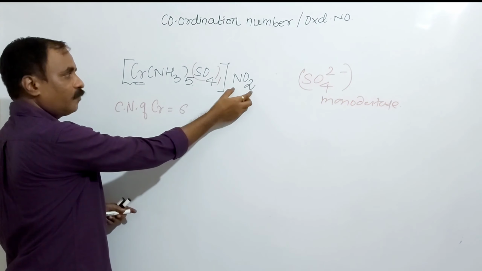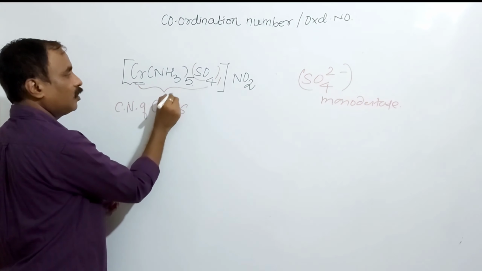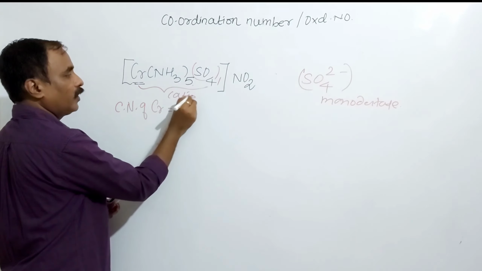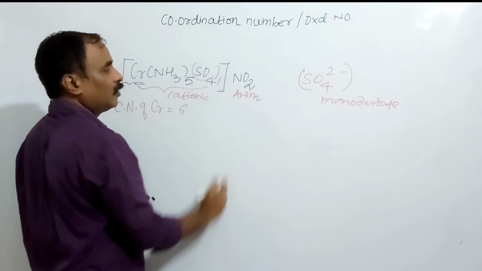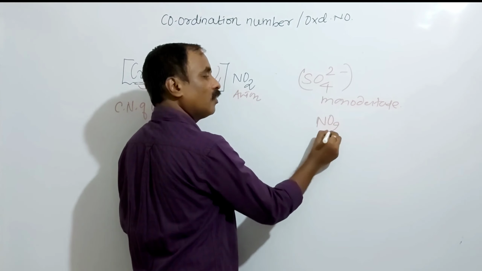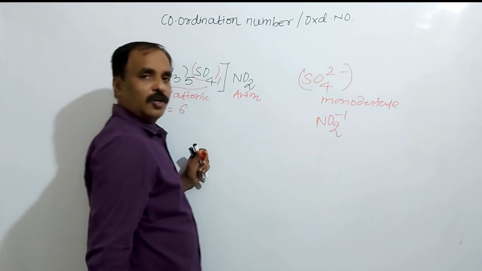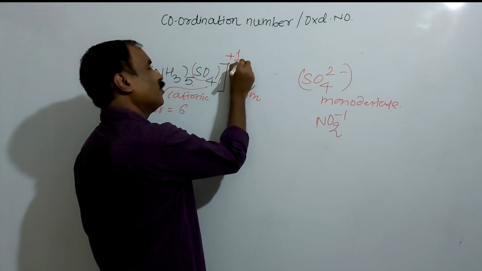This is the anion, this is the cation, and the complex is a cationic complex. Remember, NO2 always carries -1. Total negative charge is -1, so the total positive charge here will be +1.